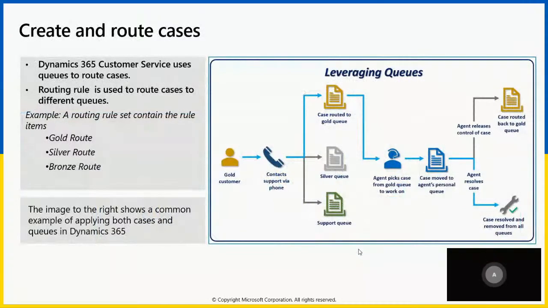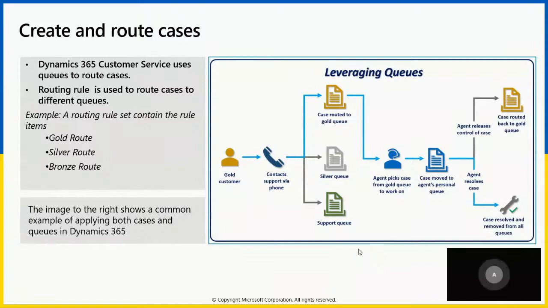Now, like we said, creating and routing cases. We've talked about creating cases. The other one is about routing cases. A routing rule contains a set of conditions, or conditions and actions, that need to be fulfilled in case management.